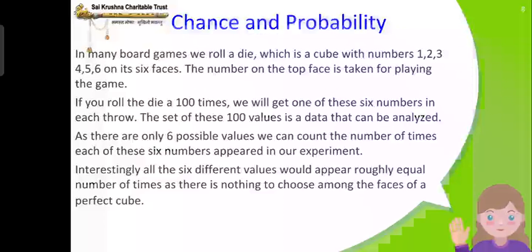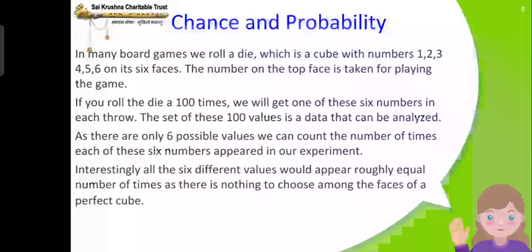If you roll the die 100 times, you will get one of these 6 numbers in each throw. Whenever you throw, you get 1, 2, 3, 4, 5 or 6. So the set of these 100 values is data that can be analyzed. As there are only 6 possible ways, we can count the number of times each of these 6 numbers appeared in our experiment.